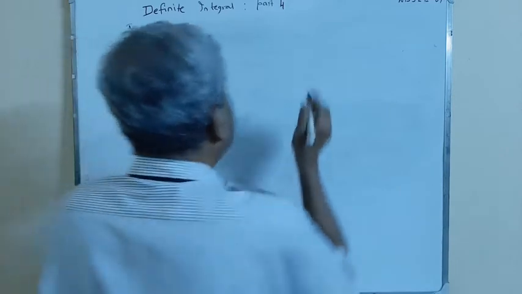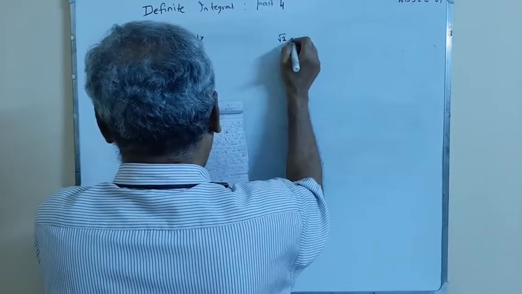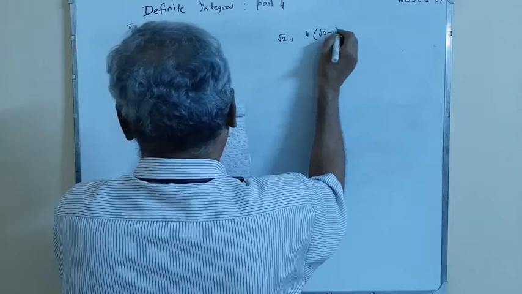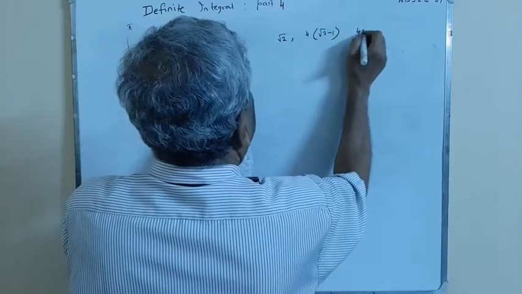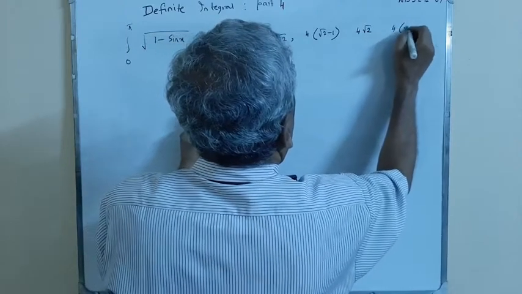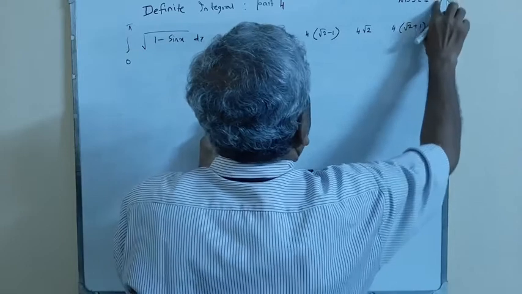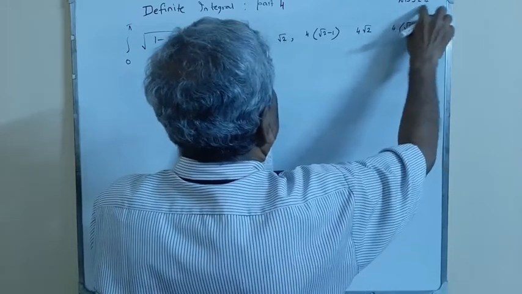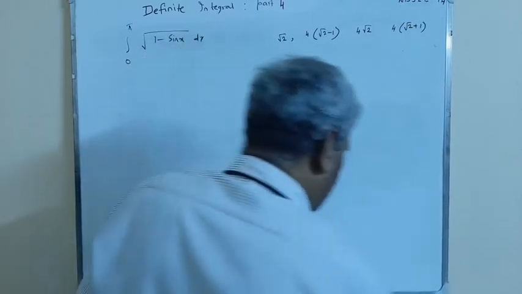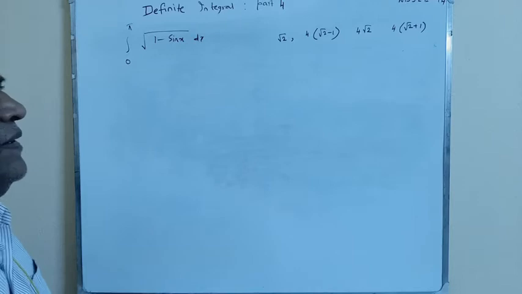Options are root 2, 4 into root 2 minus 1, 4 into root 2, 4 into root 2 plus 1. And the problem is given in the West Bengal Joint Entrance Examination in the year 2014.